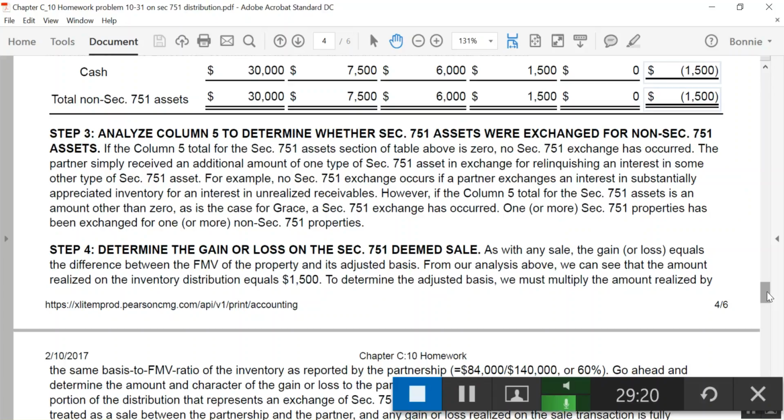So when you sell property, you're selling something that you had basis in in consideration for something that you get back. Now, whatever you get back, you're looking at the fair market value of what you're getting back, and you're comparing that to the basis of what you give up, and the difference between those two is your gain or loss.